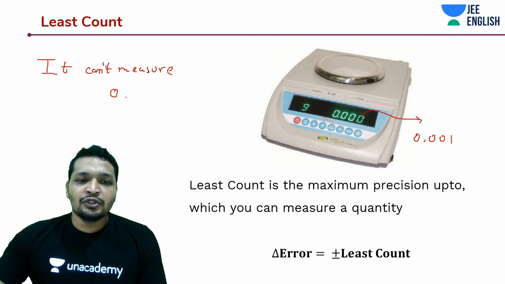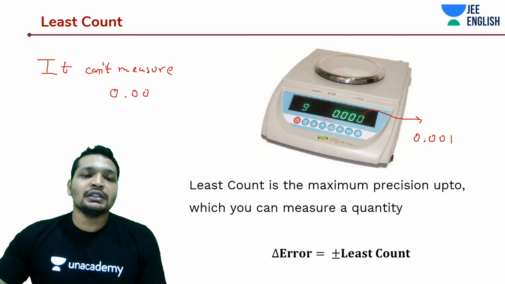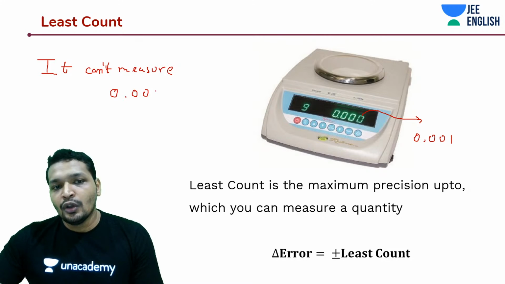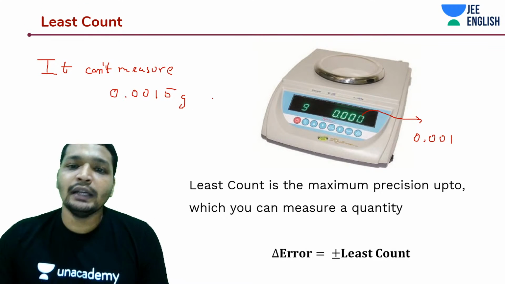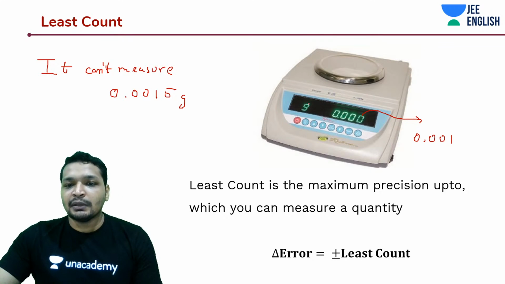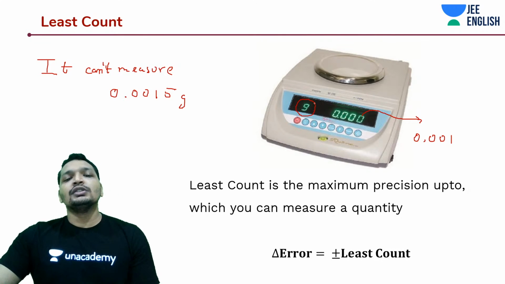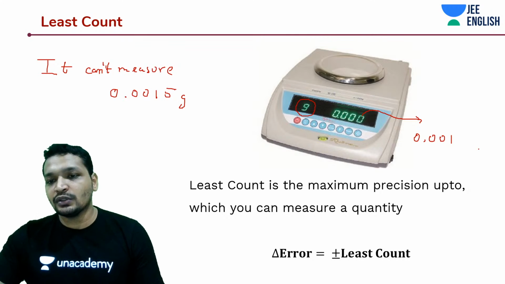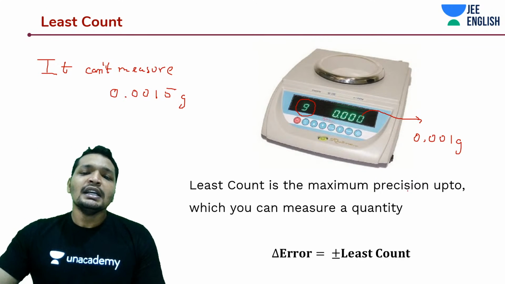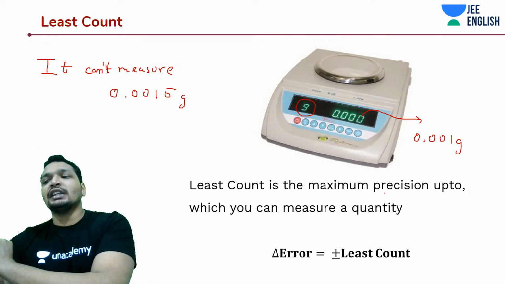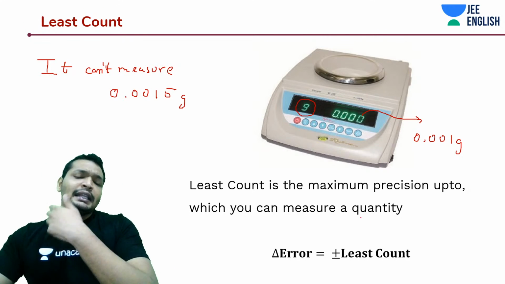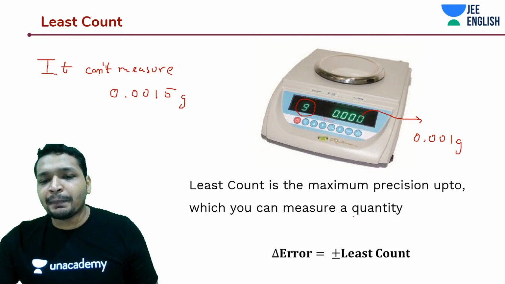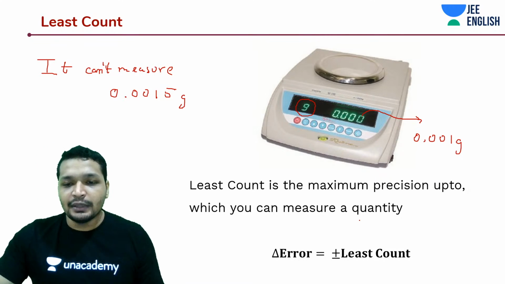It would be pretty accurate, but still it can't measure something like 0.15 grams or something. It's not possible that it can measure beyond 0.001 grams. So 0.001 grams is the best precision it can deliver, which means least count tells you the maximum precision that instrument can measure.